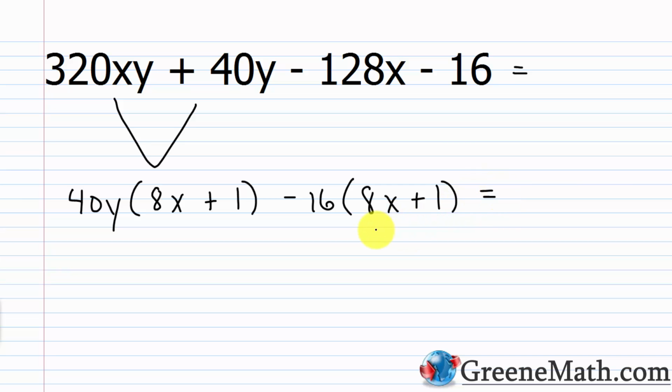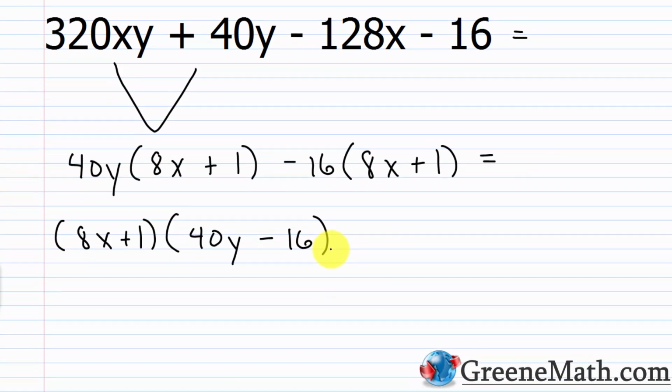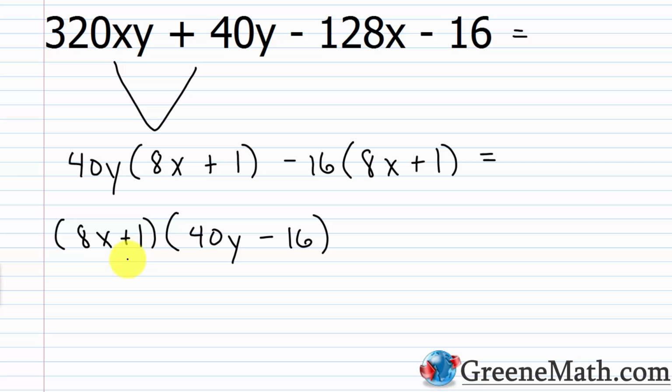So if I factored the common binomial factor of 8x plus 1 out, I'd have 8x plus 1 times what's left inside, which would be 40y. This would go away. And then you just have the negative 16, right? Because this would be gone. So minus 16. And if you look at the 8x plus 1, that's fine. There's nothing else I can take out of there.